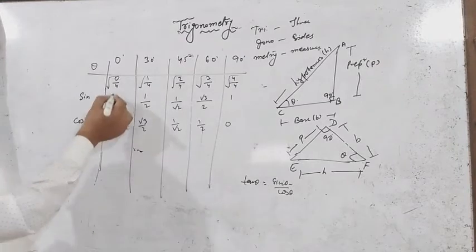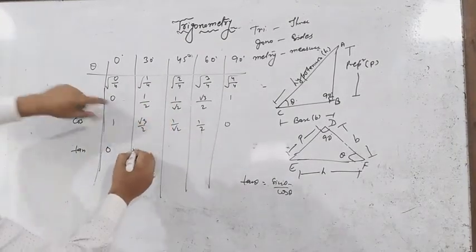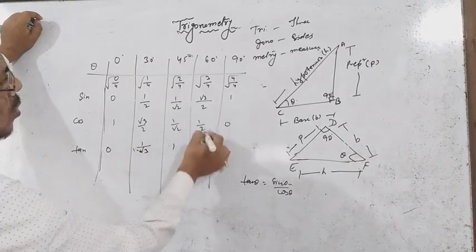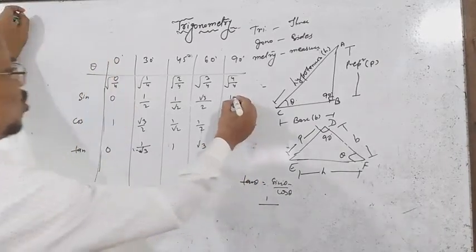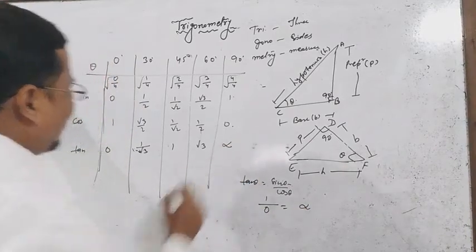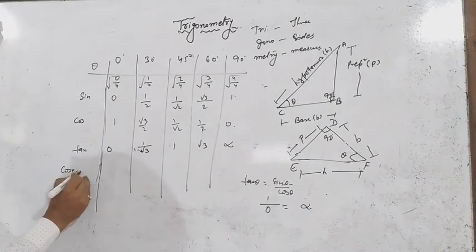So 0 by 1 is 0, then 1 by 2 over 1 by root 2, with cancellation 1 by root 3, then 1, then root 3, and 1 by 0. Look, sin theta equals 1 and here cos is 0, that means 1 by 0, that means infinity.